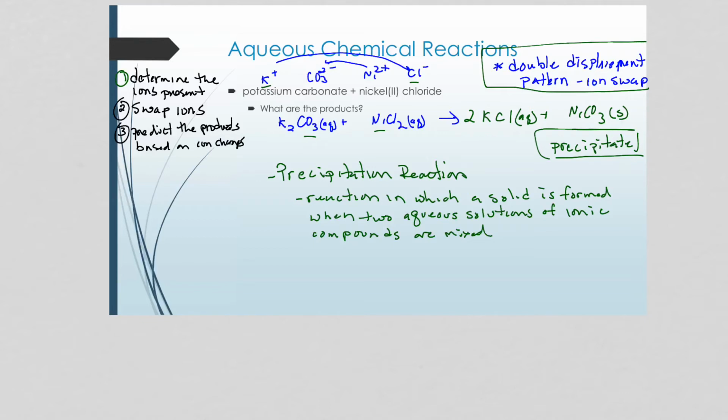So we swap the ions, we then predict the formula of those products based on the charges of the ions that we're combining. We balance the equation.